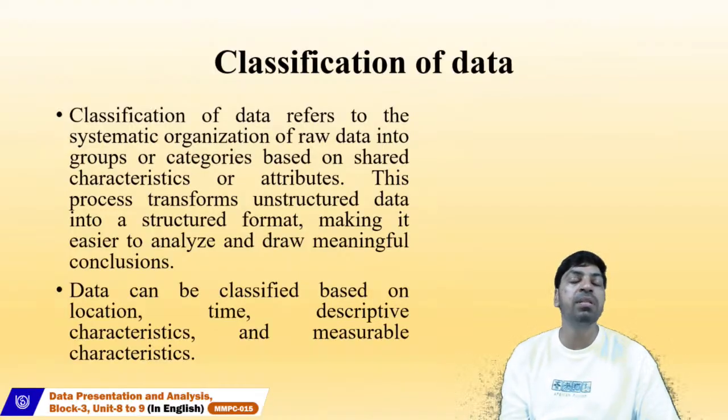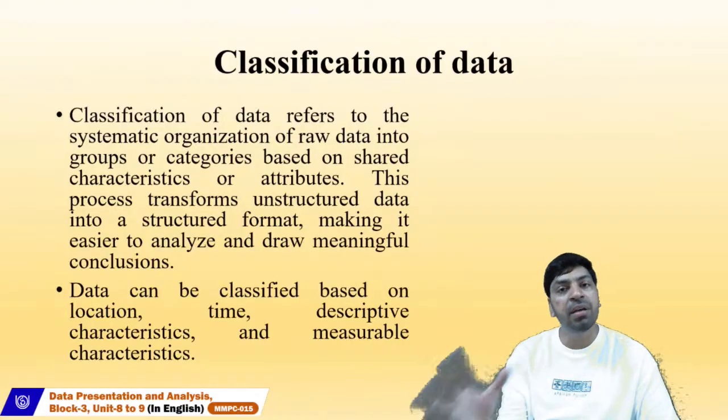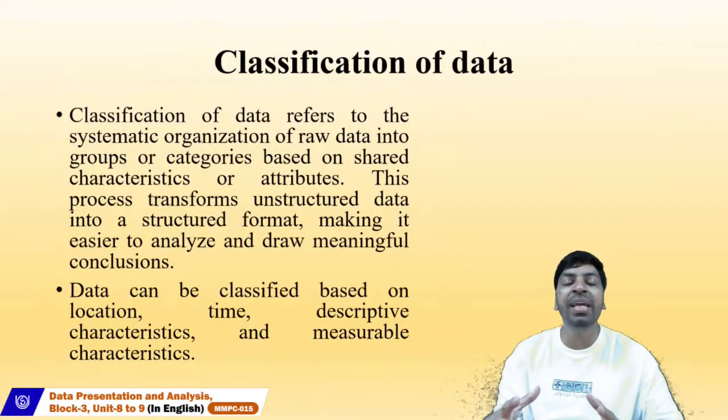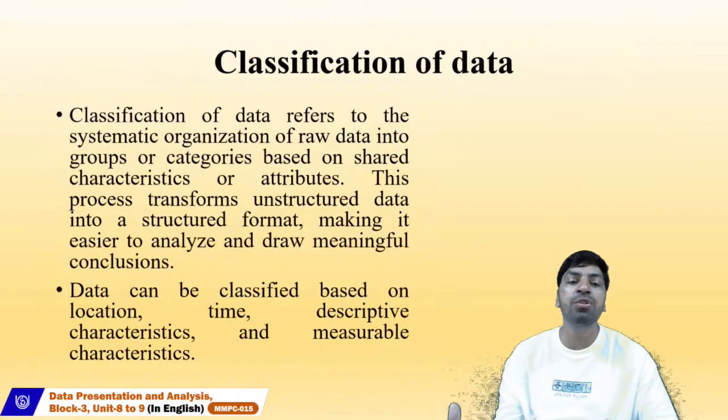So the main purpose of classification is systematically organizing raw data into groups and categories based on the characteristics of the population or different attributes of the population. And this whole process reflects meaningful conclusions to the stakeholders, to the customers, or to other researchers who are doing a similar topic.